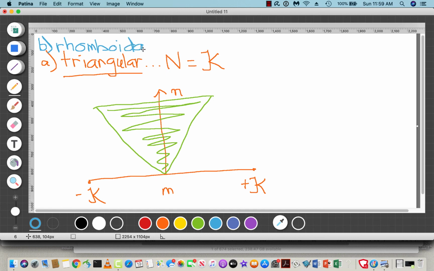And you might be thinking there's a rhomboid in here, and you'd be right. In the rhomboidal truncation, n is equal to the value of little m plus K. And so in the rhomboidal truncation, the geometry looks like this now.